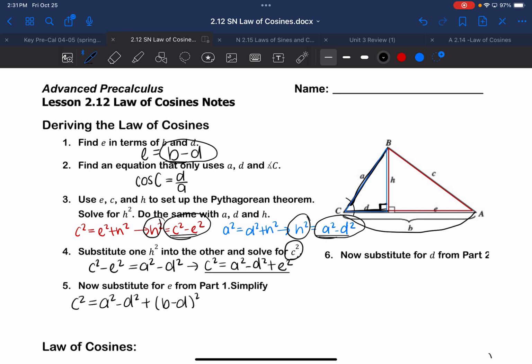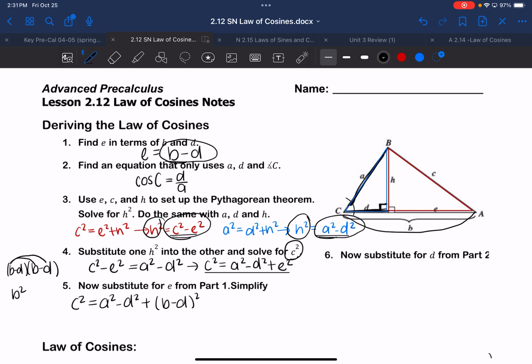Okay, now it says to simplify. Well, it says all of these terms are squared. What does it mean to square something? Right. So that wouldn't just mean to distribute that square into that parenthesis for B and D, would it? It literally means B minus D times B minus D, right? So if I were to multiply that out, what's B times B? B squared.